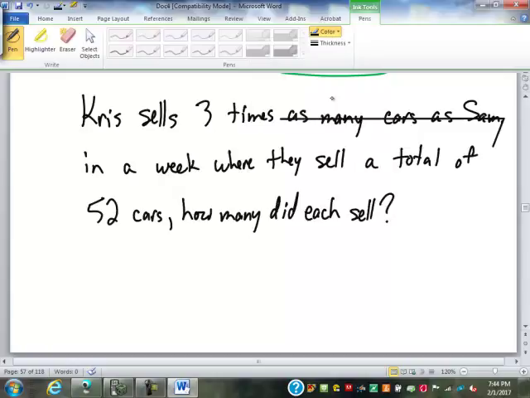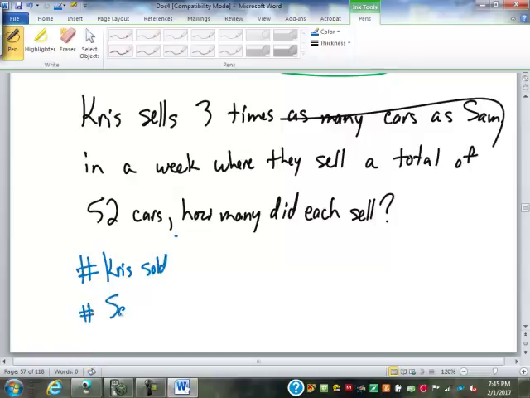So here we have 2 things that we are looking at: the number that Chris sold and the number that Sam sold.